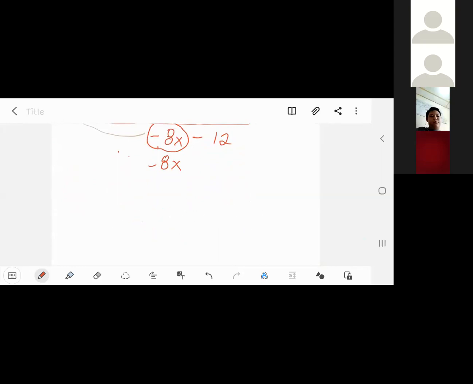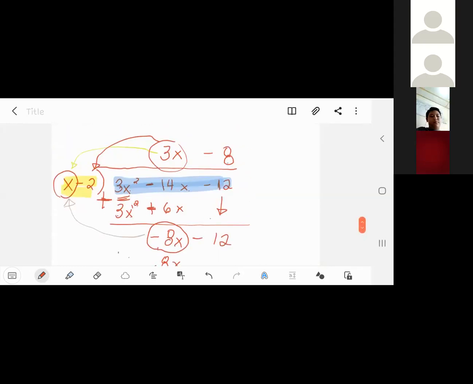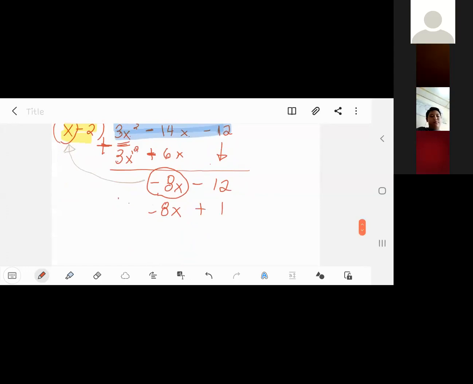Got it? Then, negative 8 times negative 2. How much? Negative 16? When you multiply the same sign, the answer is positive. Positive 16. Okay, then subtract.